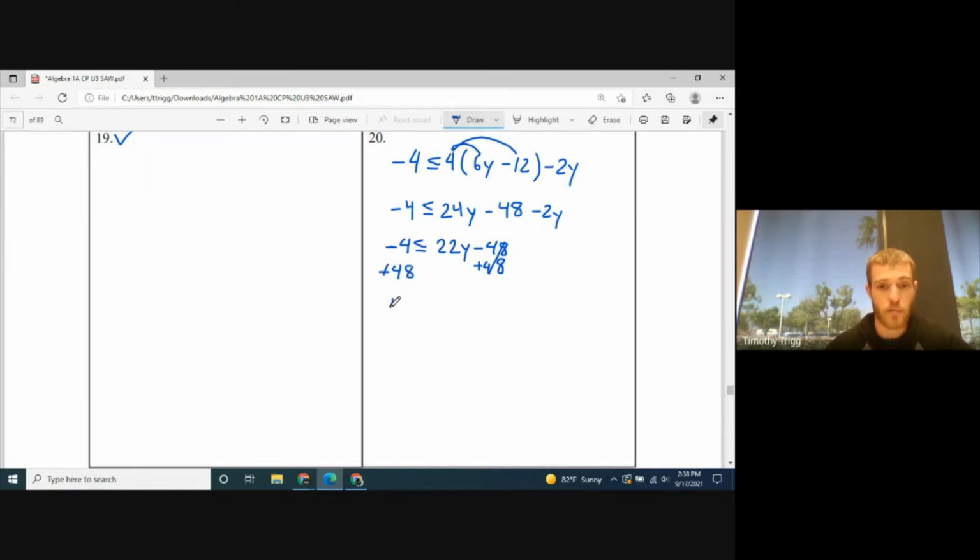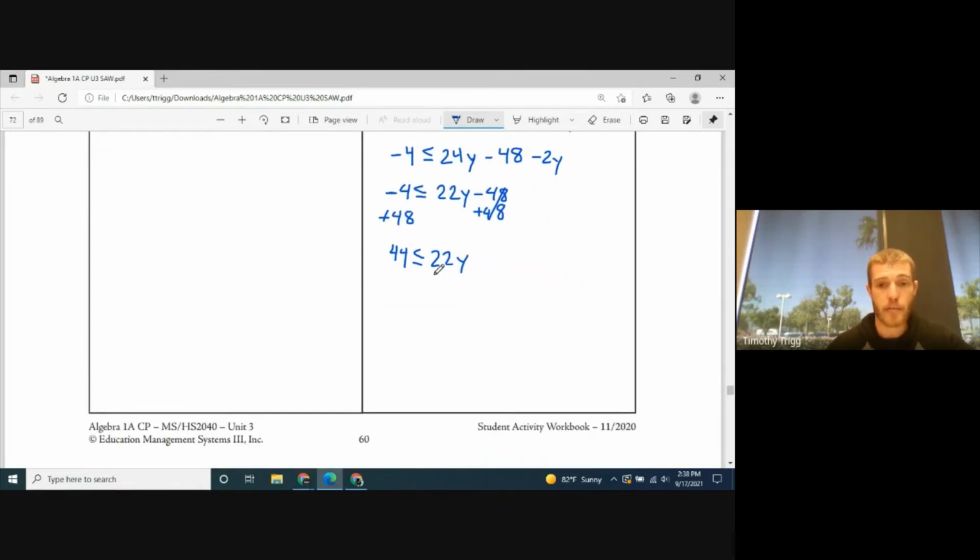This gives us 44 is less than or equal to 22y. Then to get y by itself, we divide both sides by 22. This will give us 2 over here is less than or equal to y. Here we do not flip the inequality because we divided both sides by a positive. So no need to flip.